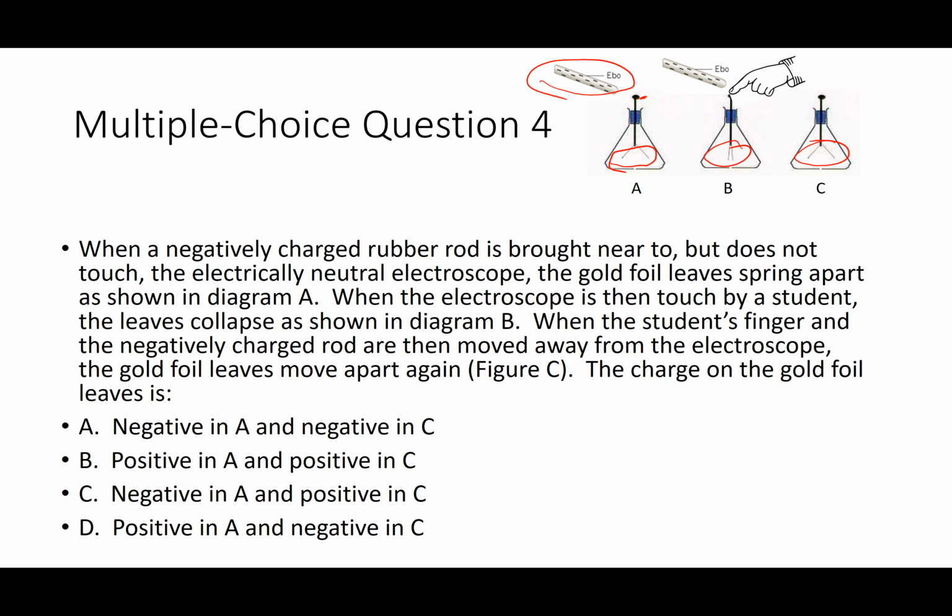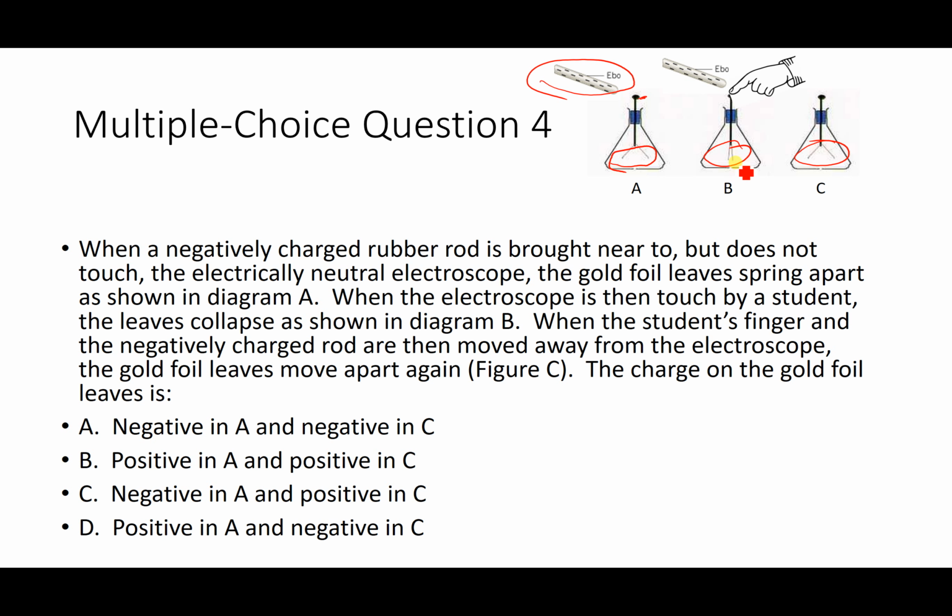In B, when the student touches the electroscope, the student's grounding it, which means some of those extra charges are going to be repelled into the student and out of the electroscope. So the electroscope is losing negatives. That's why the leaves go back together. The negatives that were down here have now moved into the student.